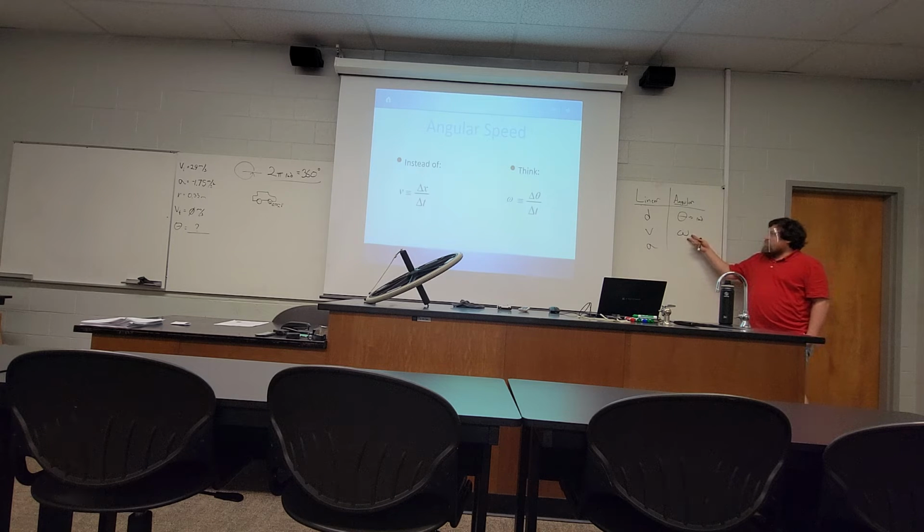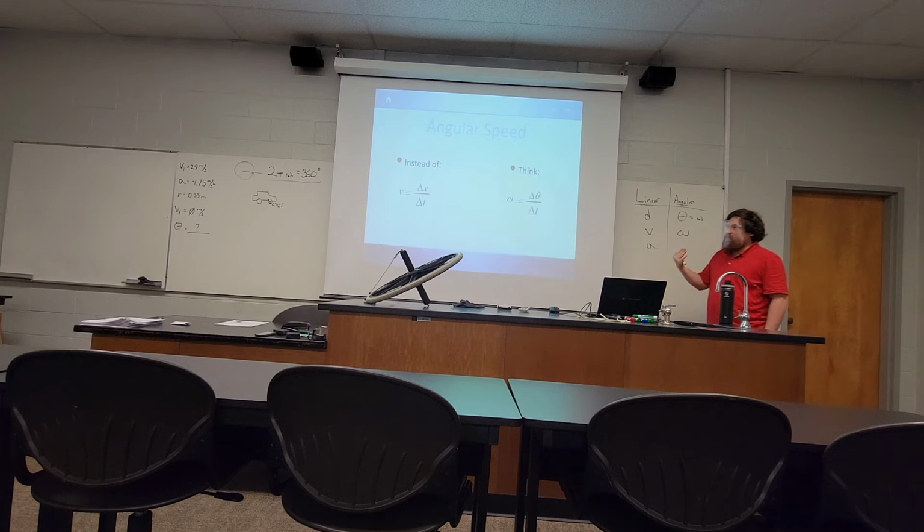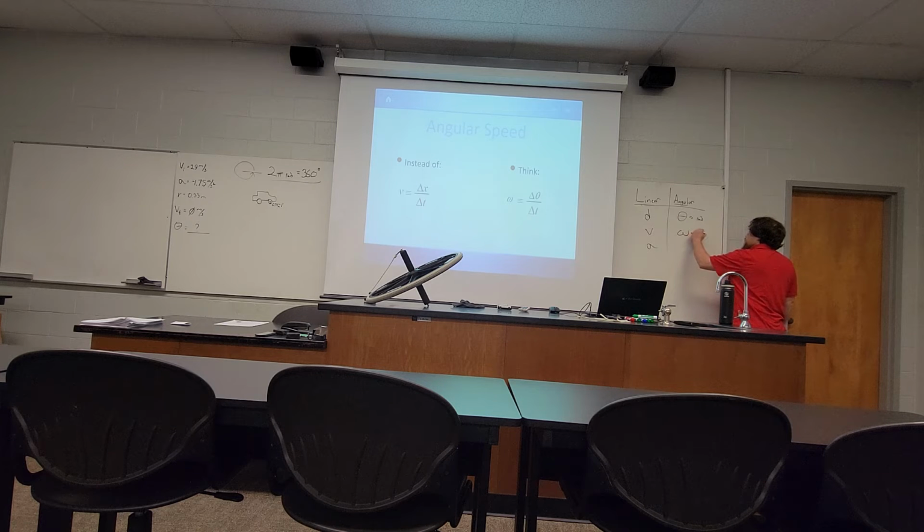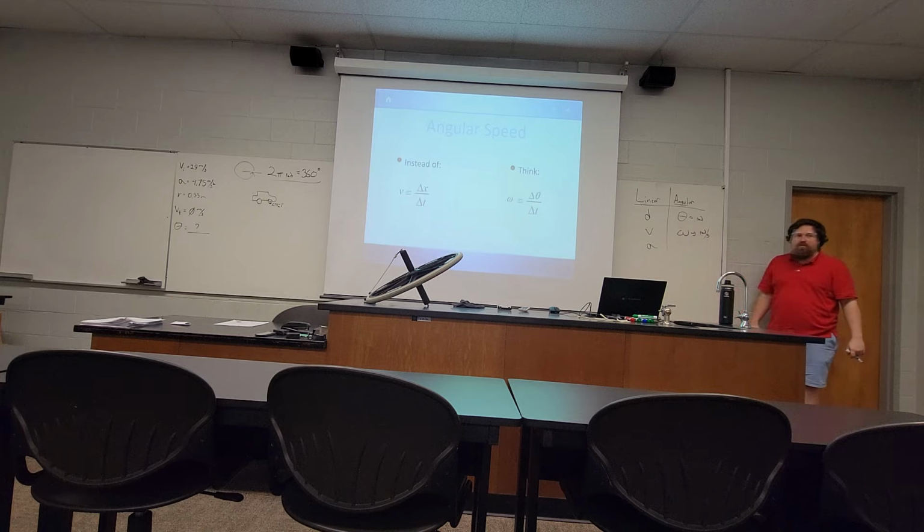And this stands for angular velocity. Just like how linear velocity is displacement over time, angular velocity is angular displacement over time. It's exactly the same logic. We're just replacing meters with radians. And this tells you how fast something is spinning, how many radians it covers in 1 second.